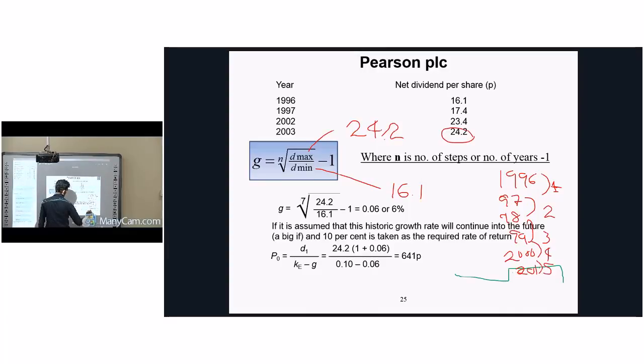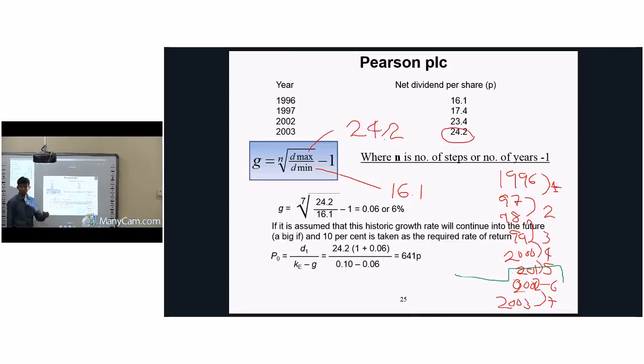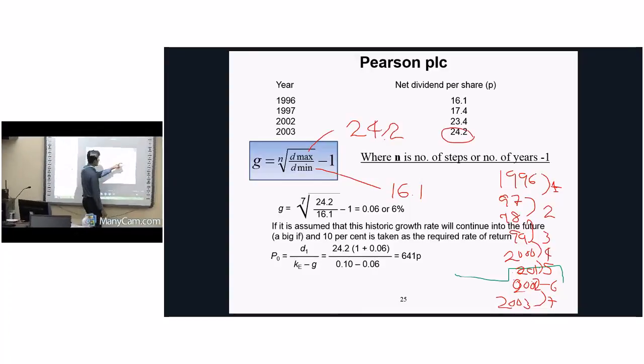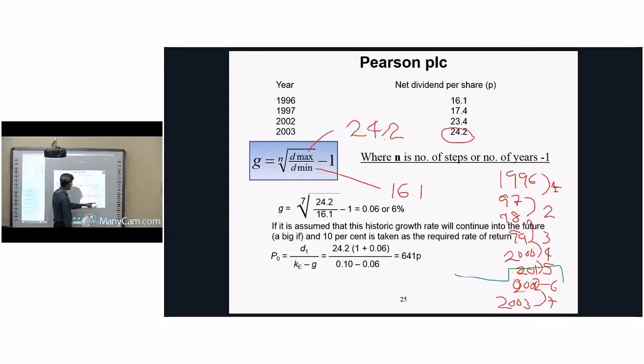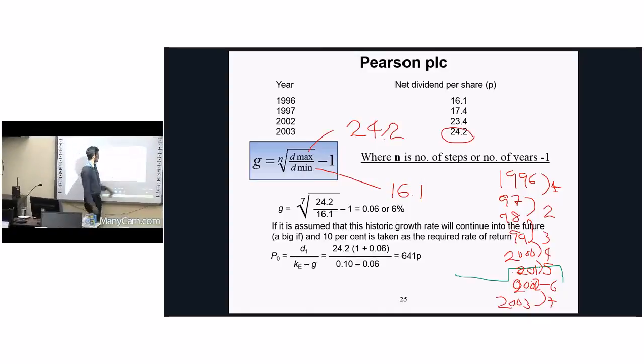For 2002, you have 6 years, and for 2003, you have 7 steps. Or if you take the number of years, 1, 2, 3, 4, 5, 6, 7, 8. There are 8 years. Minus 1, you will still get the 7.